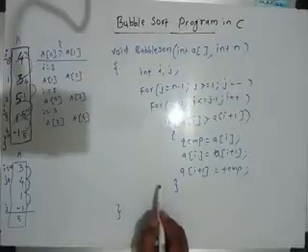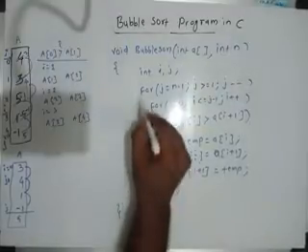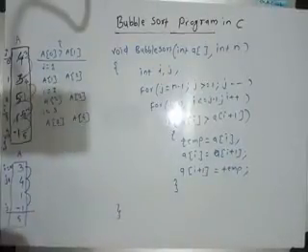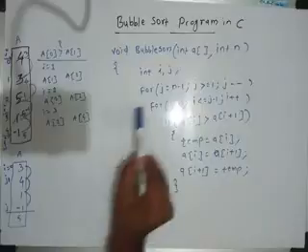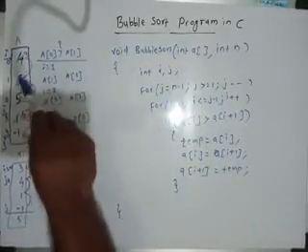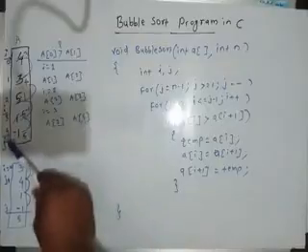With this code, we'll get our arrays sorted. So let me execute this code at least once on this array. Here our n will be equal to 5, so our j will be equal to 4.